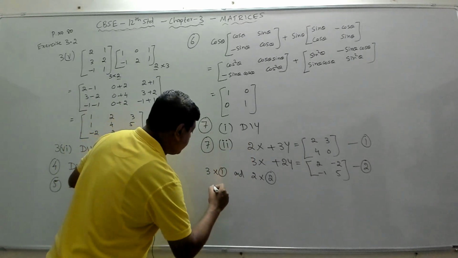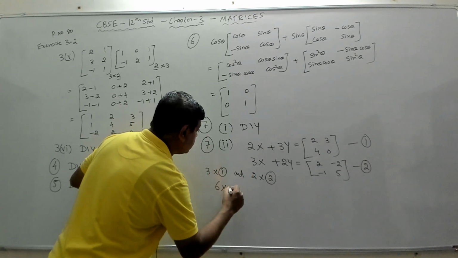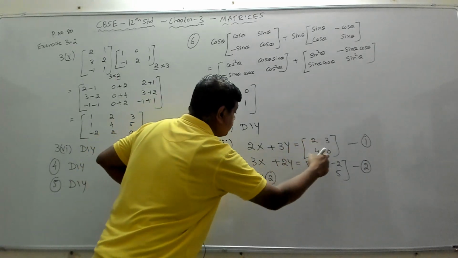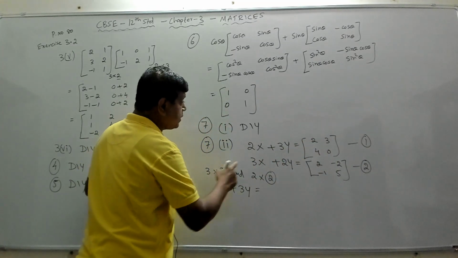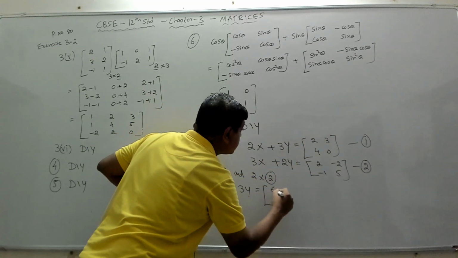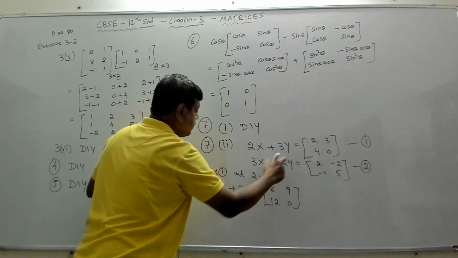So I get 6x plus 3y equal to 3 into this matrix, which means I should multiply each element with 3. So it will be 6, 9, 12 and 0.